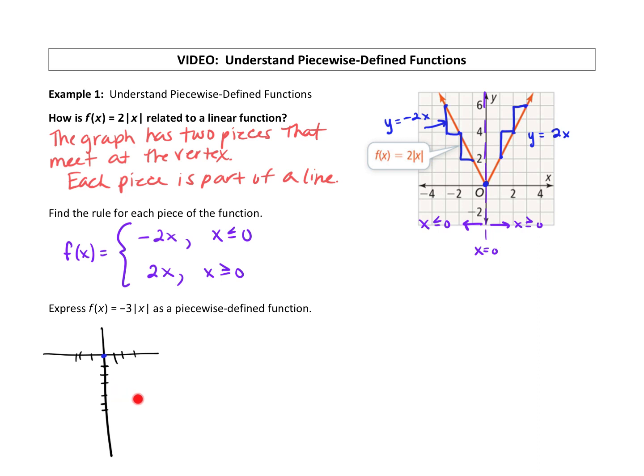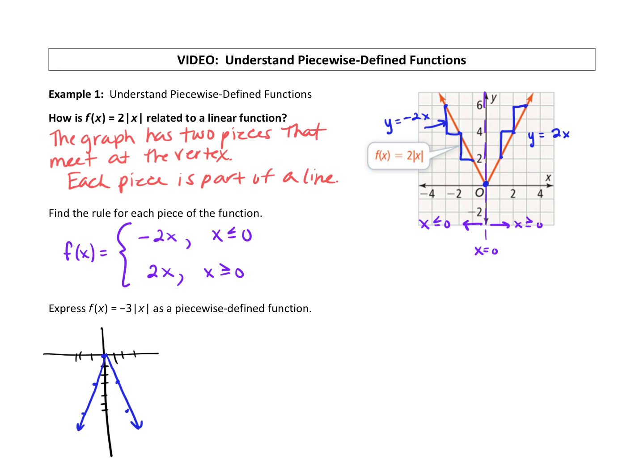Then we'll go down 3 to the right 1, and we'll just continue that pattern. Again, we're just doing a sketch. So down 1, 2, 3 to the right 1, down 1, 2, 3 to the right 1. That's getting us this side of our V, and then we know we'll have those same points on the other side if we go down 3 and to the left 1, down 3 to the left 1.